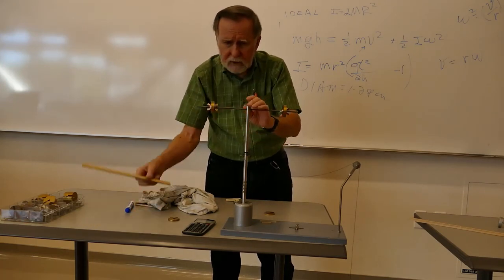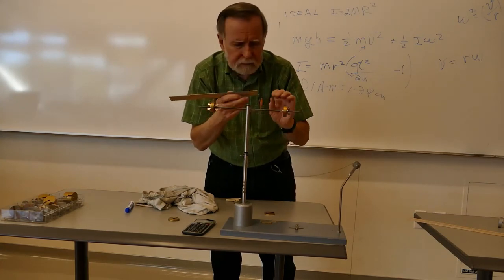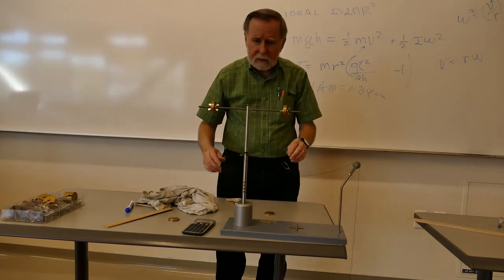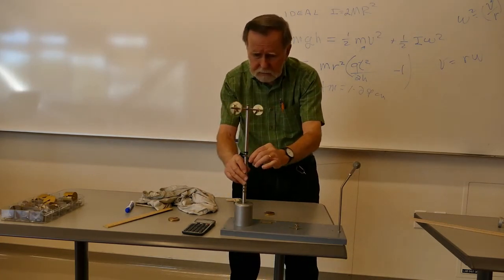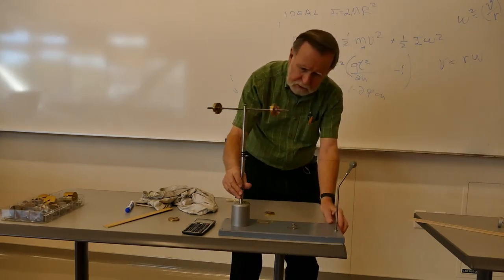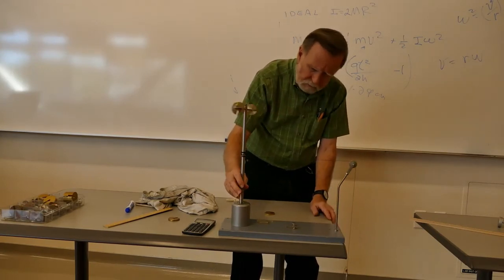Let me just verify that. 12 centimeters, 12 centimeters. So what's going to happen now? It's going to rotate slower or faster. Obviously, it's going to rotate more slowly because it's got a greater moment of inertia.